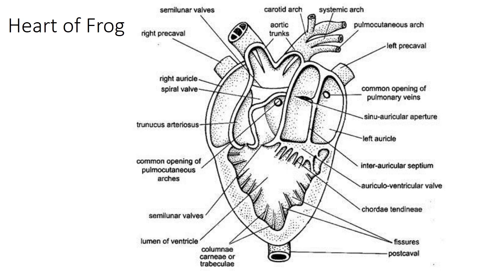The blood within the right auricle and the left auricle enters the ventricle through this aperture, which is guarded by auriculoventricular valves. These valves guard the entry of blood from the right auricle and left auricle into the ventricle.